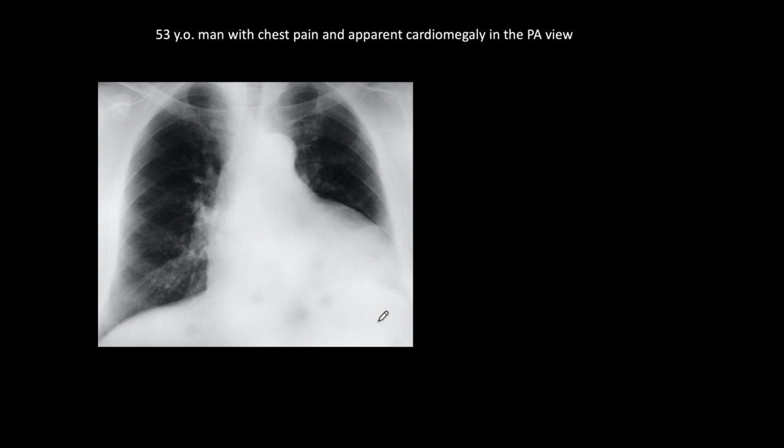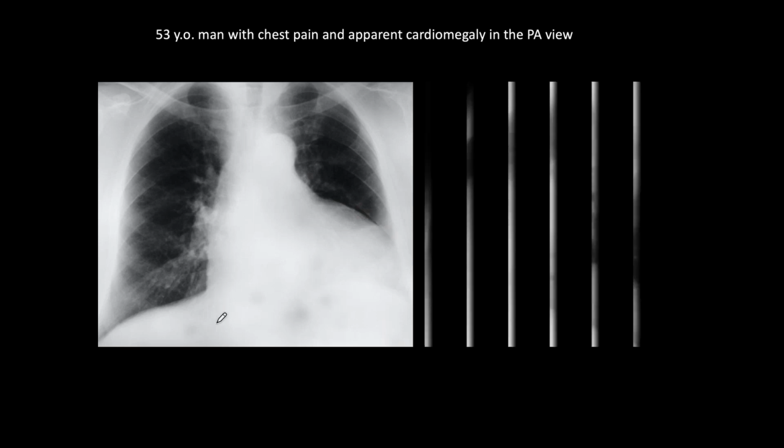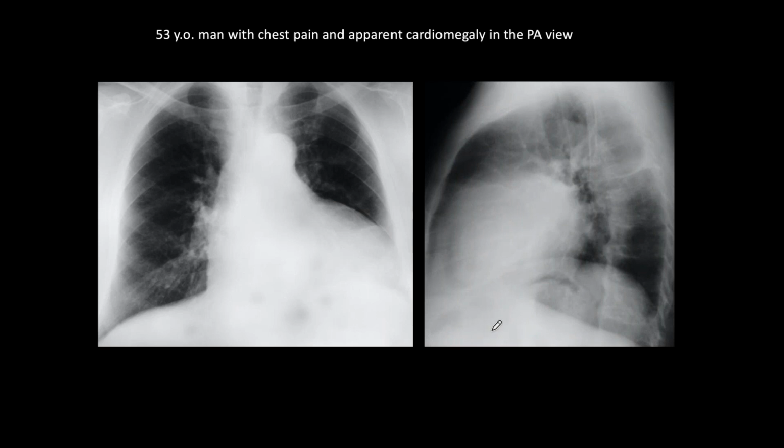This is a 53-year-old man with chest pain and apparent cardiomegaly in the PA view. It looks like an enlarged heart, nothing else. And on the lateral view, we are going to find why fat in the heart is important. Normally, in the chest X-ray, you don't see fat.